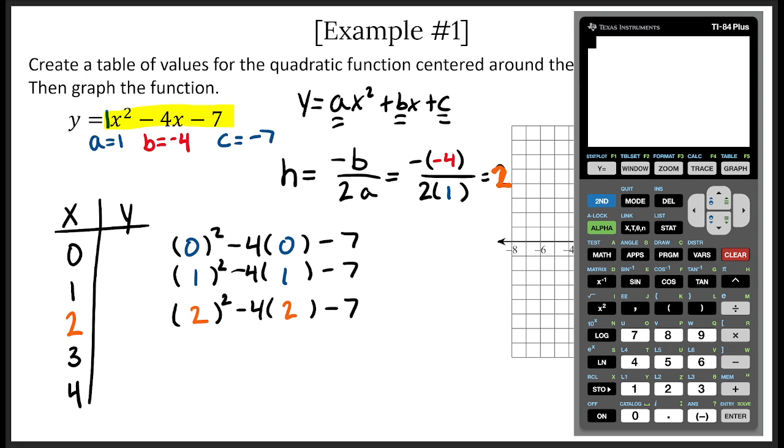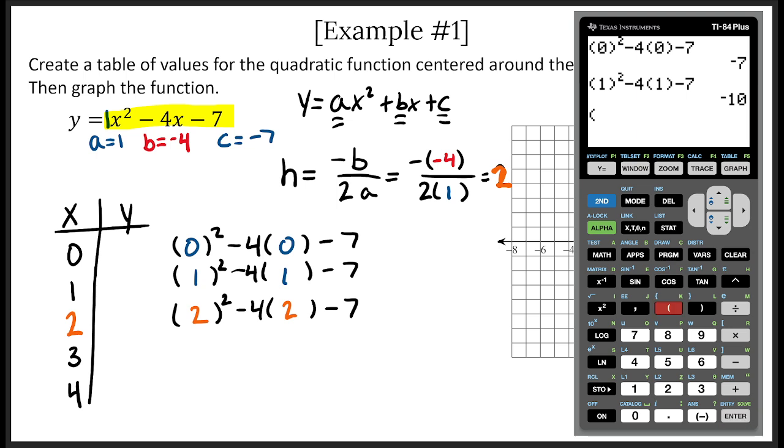So grab a calculator. Let's type exactly like we wrote. We'll just get all 3 answers really fast. Parentheses, 0 squared minus 4 times 0 minus 7. There's one answer. Next one, 1 squared minus 4 times 1 minus 7.